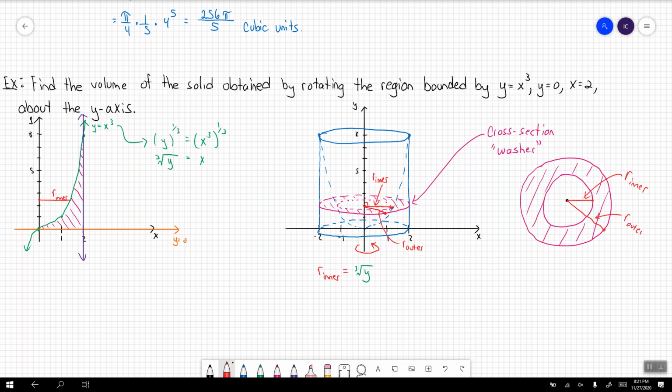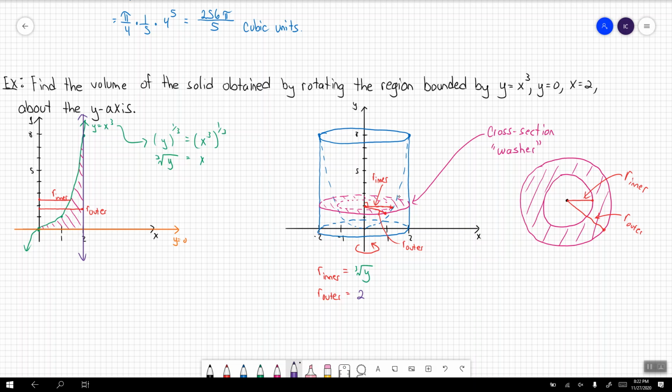So that outer radius is then measured again from the y-axis out to that specific value. Again, if we're measuring distances in terms of x, then this is going to be from x is equal to 0 all the way out to x is equal to 2. Therefore, the outer radius is going to be a radius of 2.